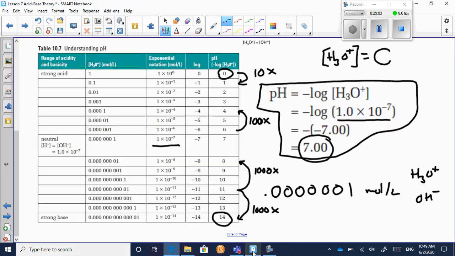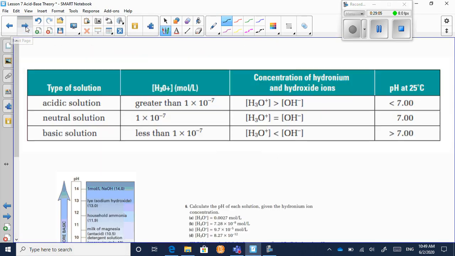Okay, so back to the slides here. An acidic solution is anything that has greater than 1 times 10 to the negative 7 moles per liter of hydronium. So basically, it's any solution where you have more of the hydronium than the hydroxide, and your pH will be less than 7.